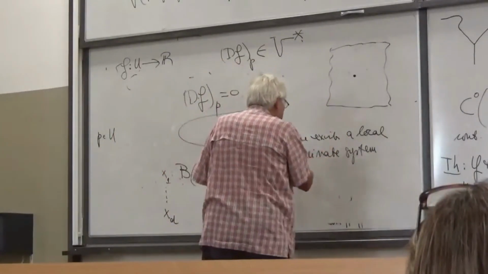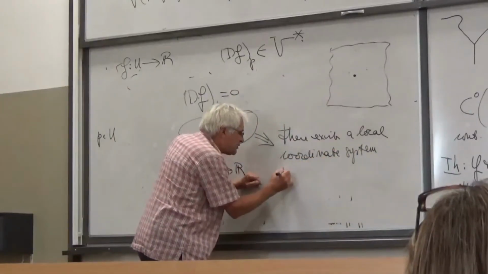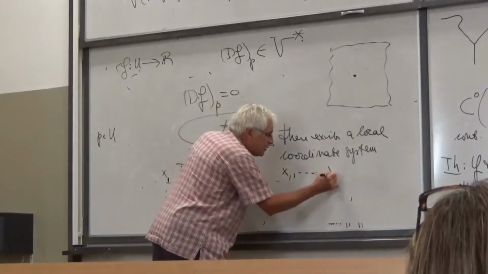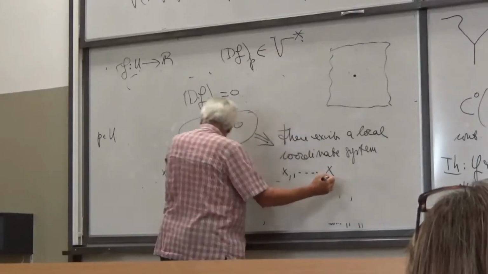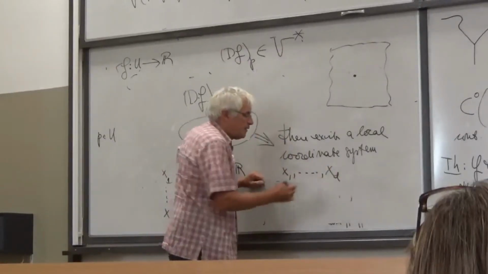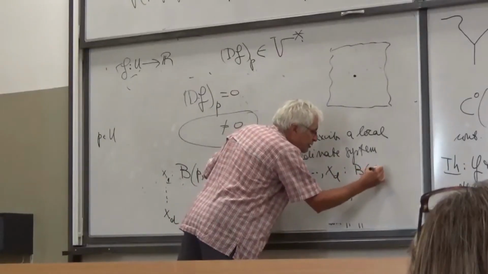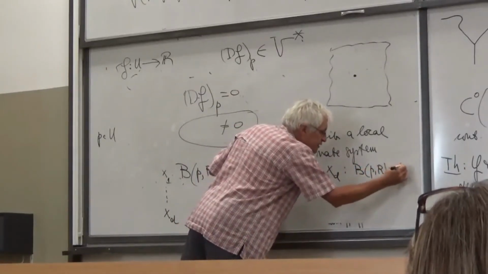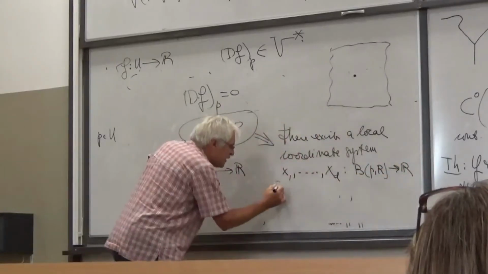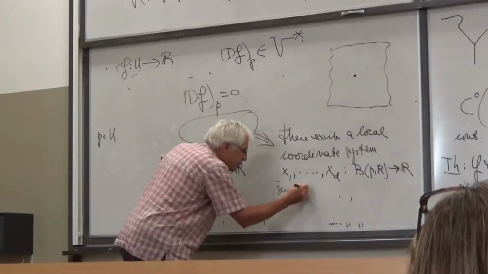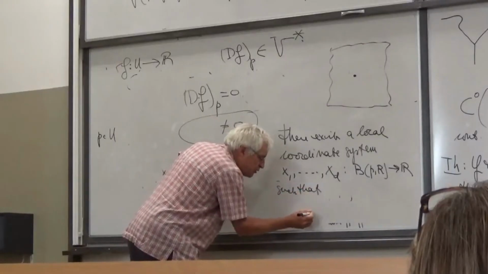So there exists a coordinate system x1, x2, and so on, maps on a local ball of radius r to the reals, such that, now I also want you to write here.